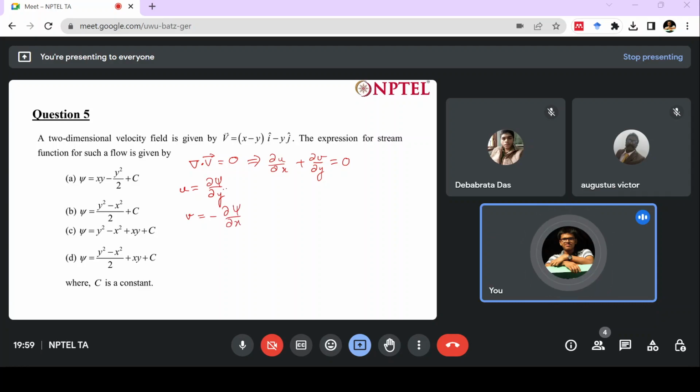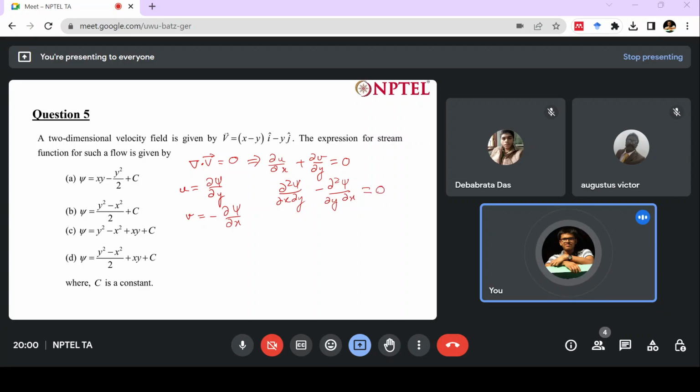Now, if you substitute it here, instead of u you write del psi del y, you will get del square psi del x del y, and here you will get minus del square psi del y del x. For nicely behaving functions this is interchangeable, so this will identically always be 0.